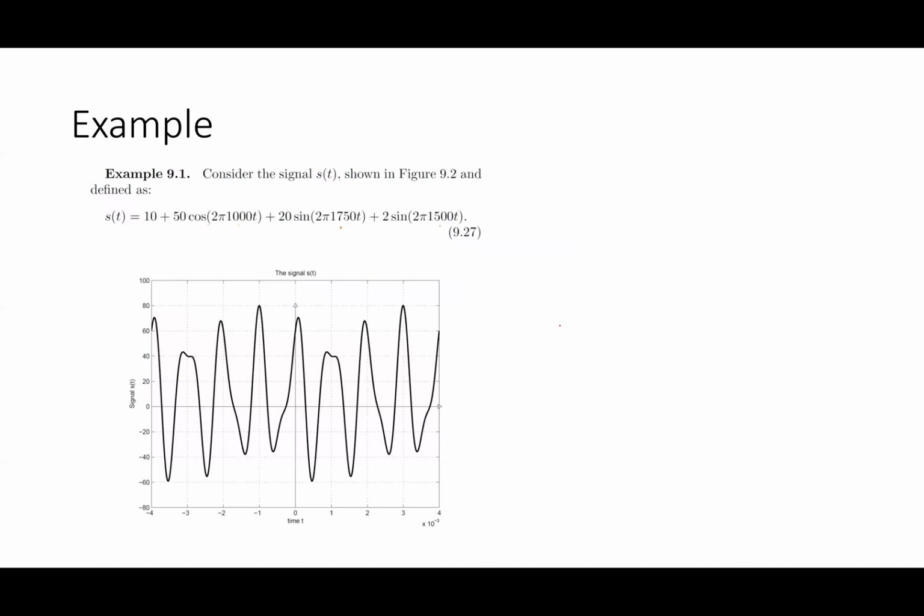So here's the ugly guy that we're given. This is a periodic waveform. How can I tell this is a periodic waveform? Because it repeats. I said the smallest period over which this repeats. Where's the easiest place to see that here?